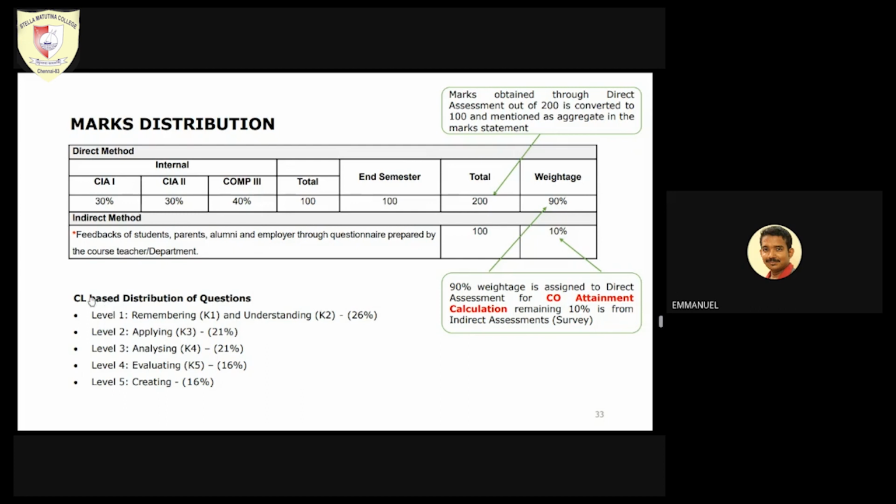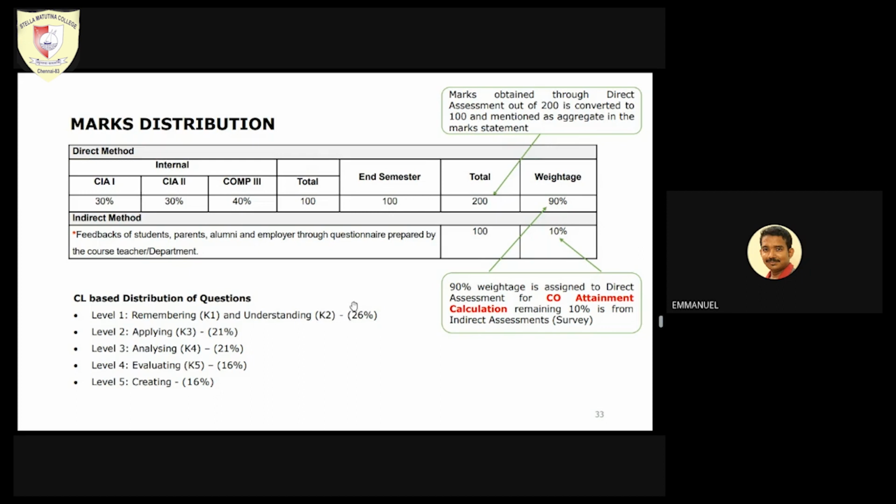Now, CL means cognitive levels. How are marks distributed under cognitive levels? These are the percentage breakup for each level. Level 1 is nothing but CO1. CO1 corresponds to K1 and K2, the remembering and understanding levels. CO2, level 2, corresponds to K3.